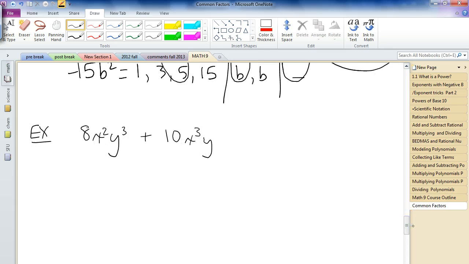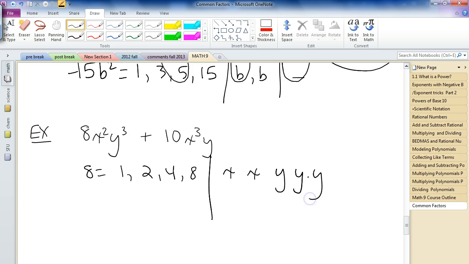How about this? What are the common factors of 8? 8 is made up of 1, 2, 4, 8. And it's got 2 x's, and it's got 3 y's. 10 is made up of, actually we should separate out the x's from the y's from each other as well.